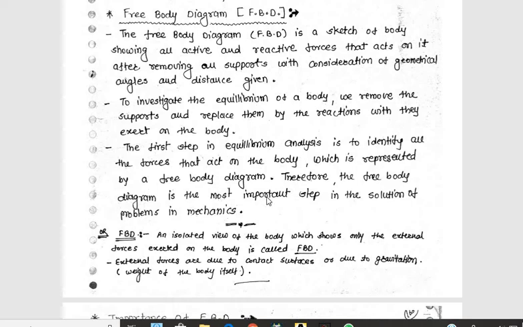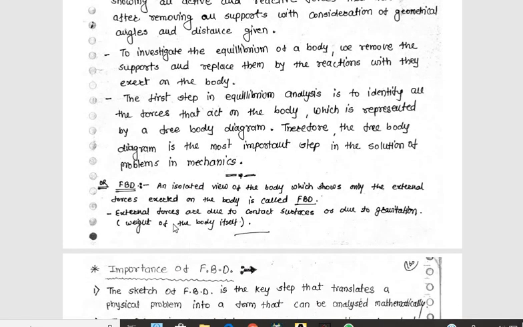As I already discussed, if our FBD is correct, our further solution will also be correct. In other words, FBD is defined as an isolated view of the body which shows only the external forces exerted on the body. External forces are due to contact surfaces or due to gravity, which is the weight of the body itself.